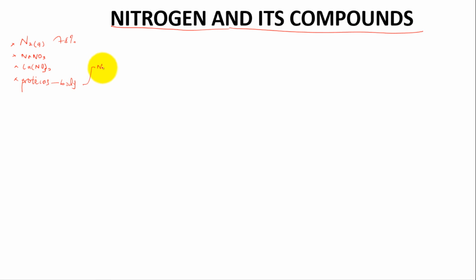We use it to build muscle. Not only that, we use it to build our bones. Not only that, skin. Not only that, we use this to build so many things and other tissues in our body.